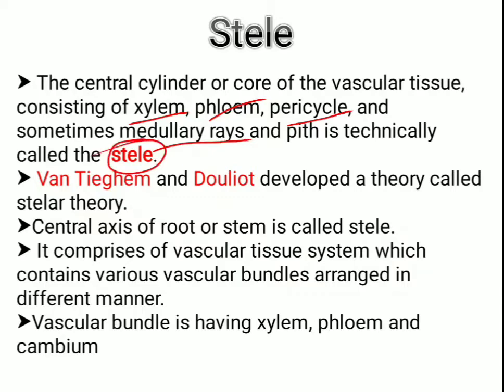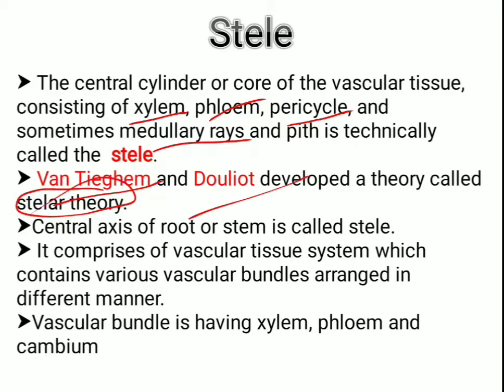Van Tieghem and Douliot developed a theory called the stelar theory. This stelar theory is given by two scientists, Van Tieghem and Douliot. You must remember these names.